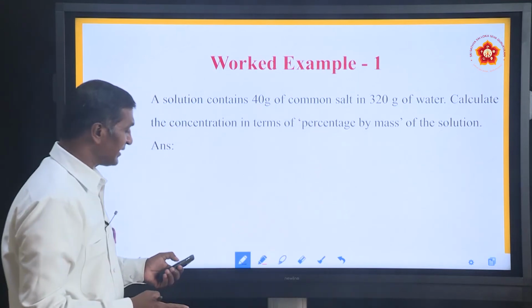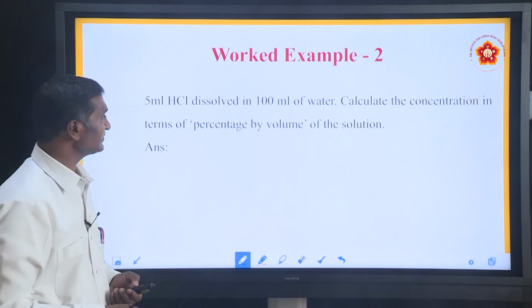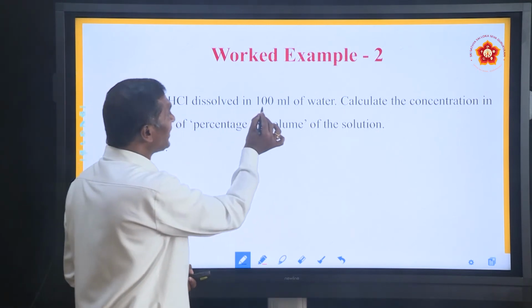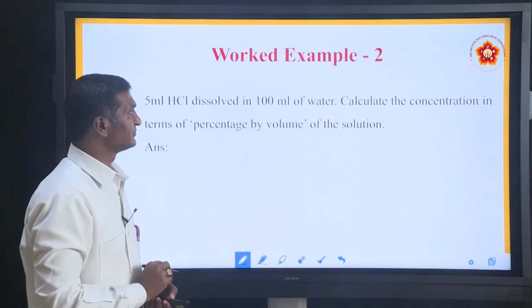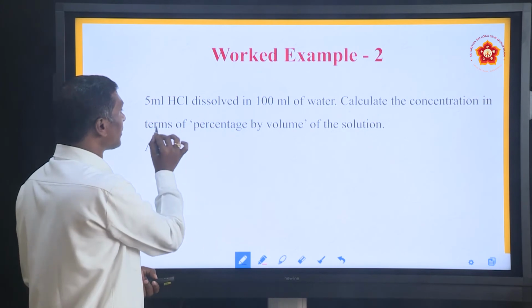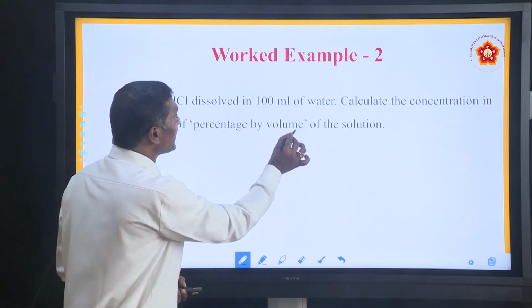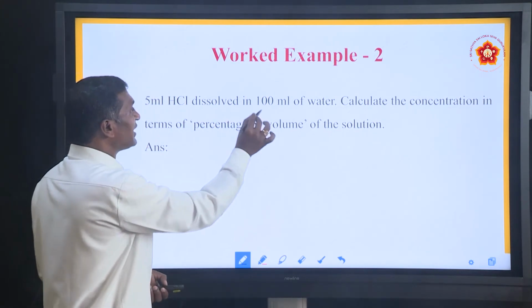Now, let us see worked example 2. 5 ml HCl dissolved in 100 ml of water. Calculate the concentration in terms of percentage by volume of the solution. Here both are in liquid state.